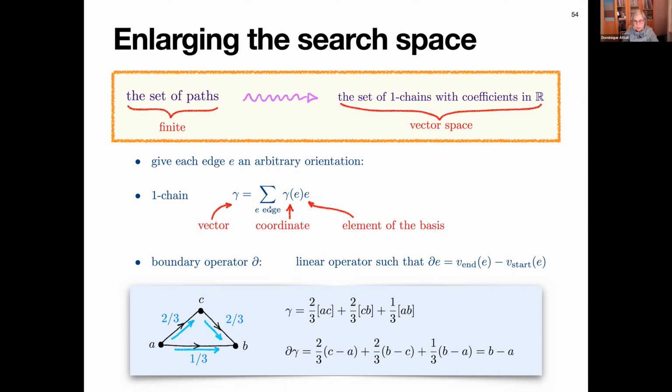So it's a formal sum written like this. Okay, so this is a vector, and it will have a collection of coordinates, one for each edge.